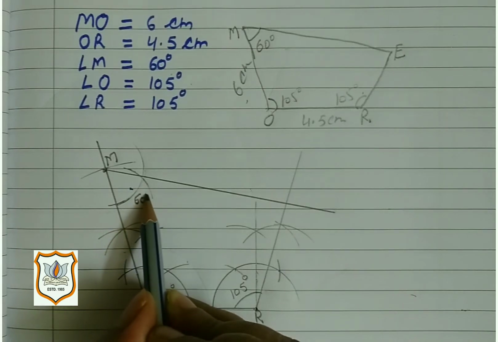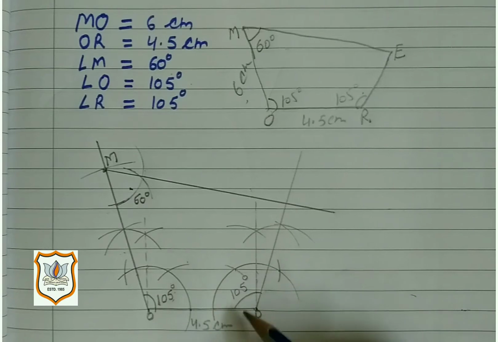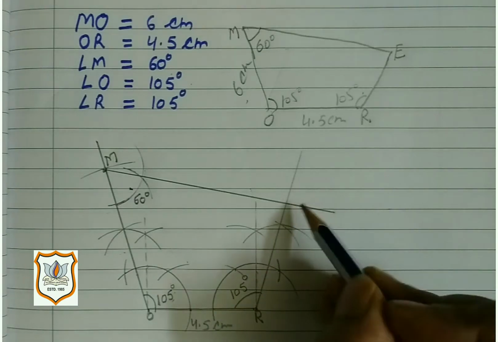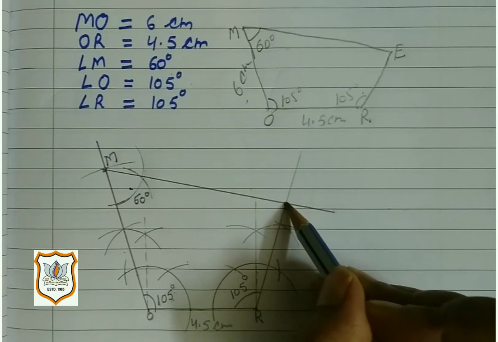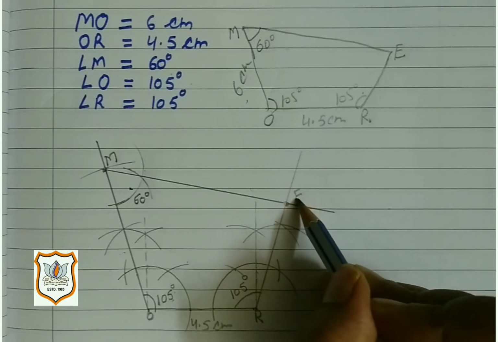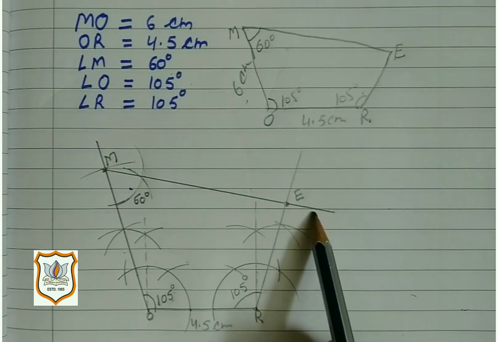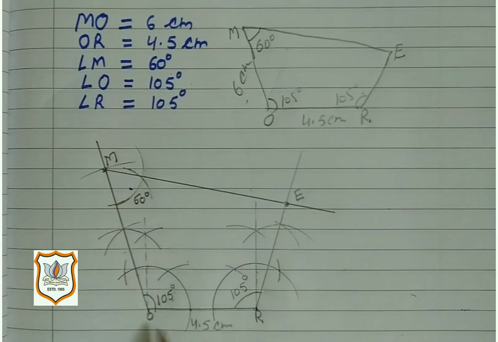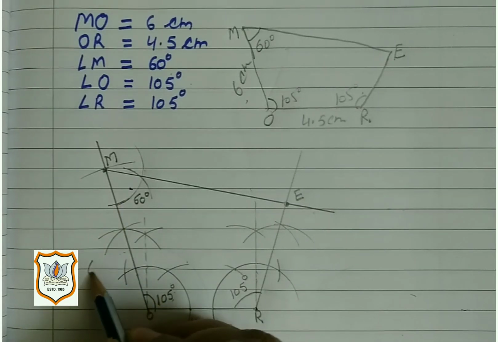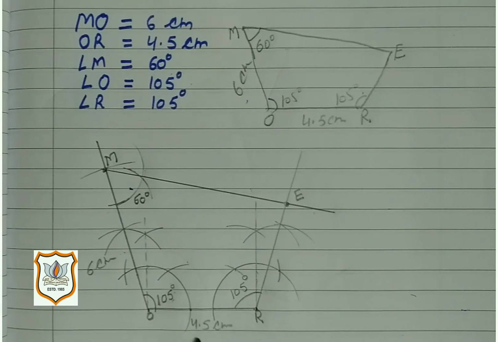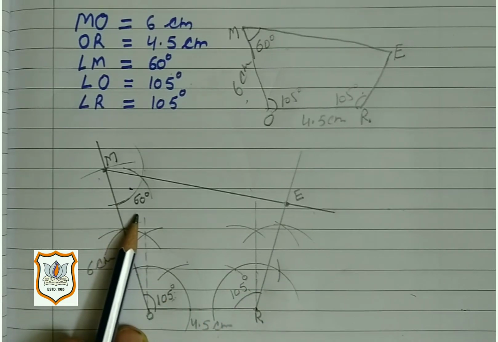Students, you can see here the line of 60 degrees and the line of 105 degrees intersect each other at point E. This is E. So MORE is the required quadrilateral, where MO is 6 centimeters, OR is 4.5 centimeters, angle O is 105 degrees, angle R is 105 degrees also, and angle M is 60 degrees.